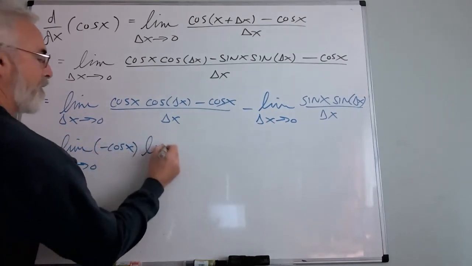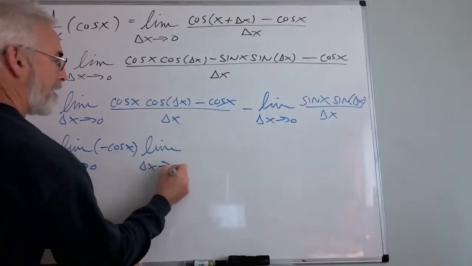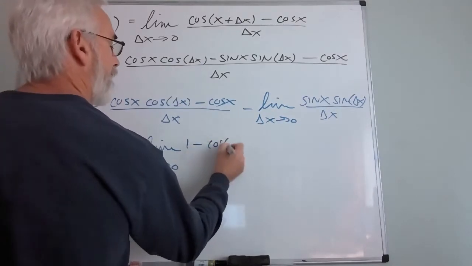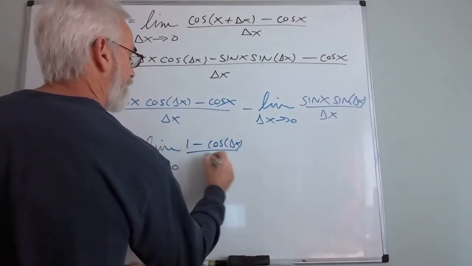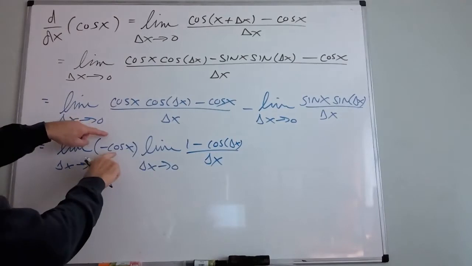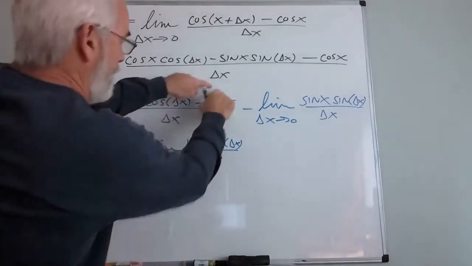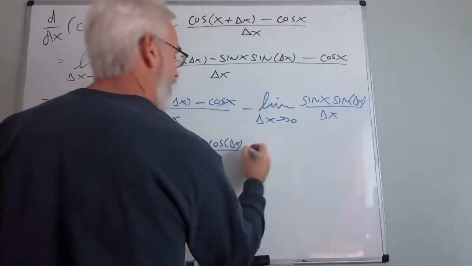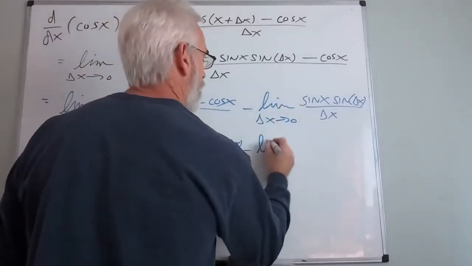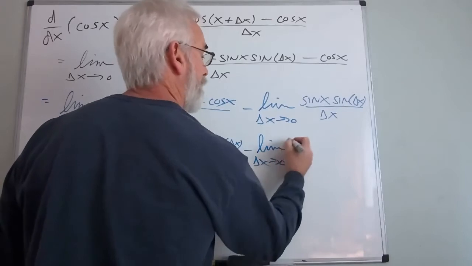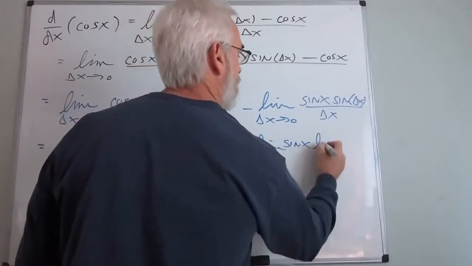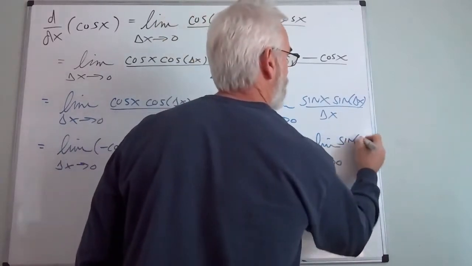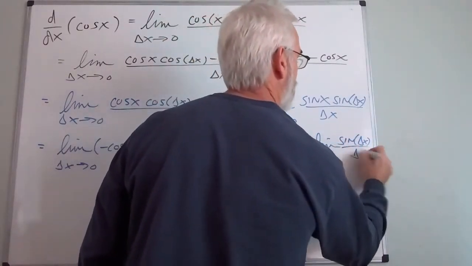And what that will leave me with is 1 minus the cosine of delta x over delta x. And quick check, multiply negative cosine back in. Okay, it still works. Over here, minus the limit as delta x goes to 0 of the sine function times the limit as delta x goes to 0 of the sine of delta x over delta x.